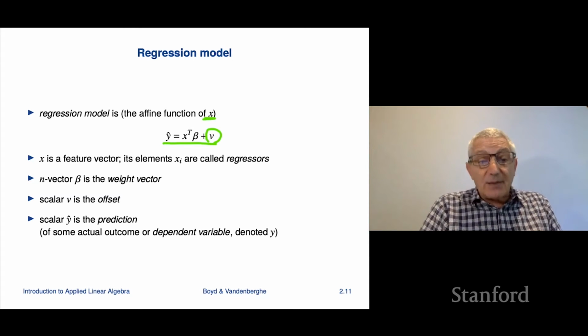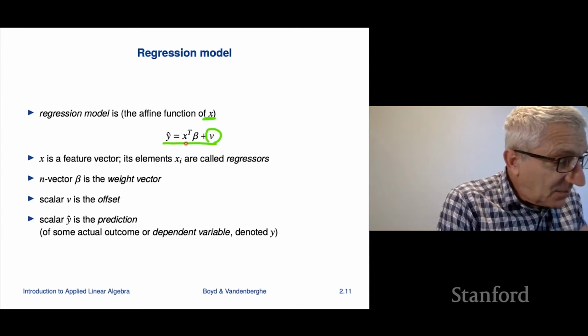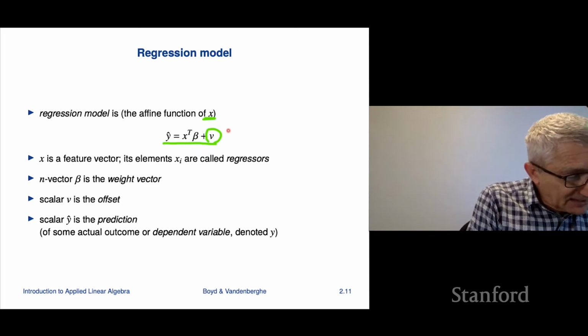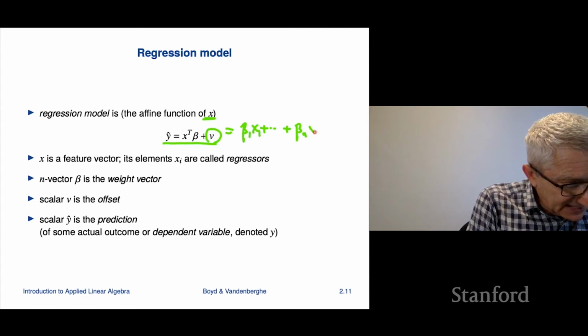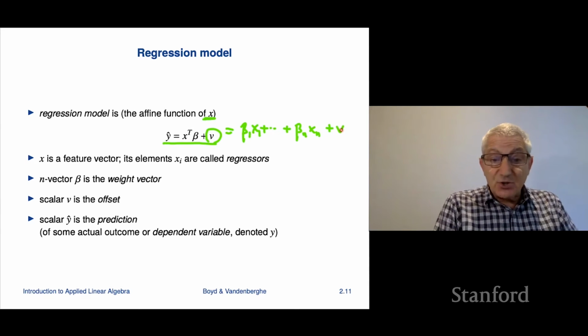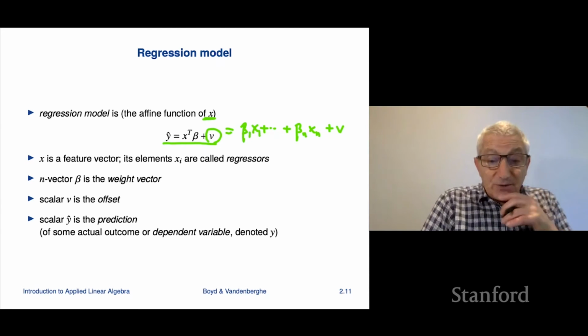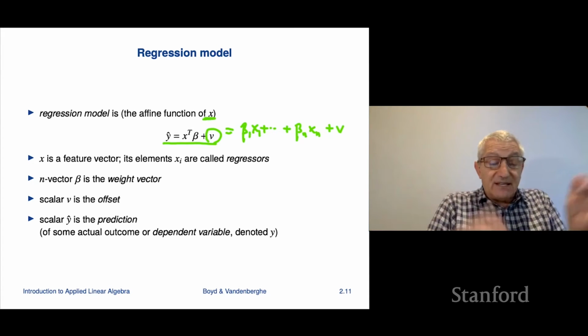And I'm using some of the traditional notation that you'd see in a regression model. So this is the model, and of course, we could write this out, and it's very important to write it out. So that's beta 1 x1, all the way up to beta n xn plus v. And we can interpret all sorts of things there. Super cool. Like if all the features are 0, our prediction is v. So that's what v is.